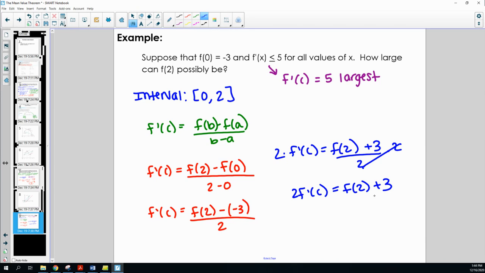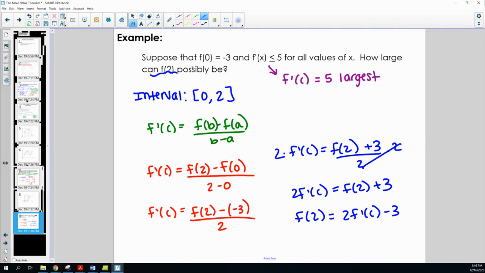Okay, so then I'm going to subtract 3. What I'm trying to solve for is f of 2 because it asked me how large can f of 2 possibly be. So f of 2 is going to equal 2 f prime of c minus 3. Now, they told us that f prime of c can be 5. That's the largest it can be.